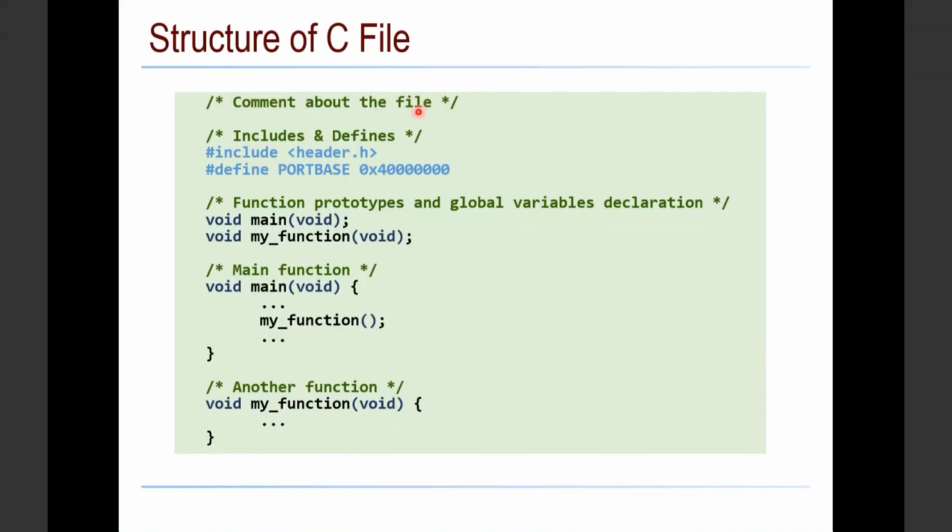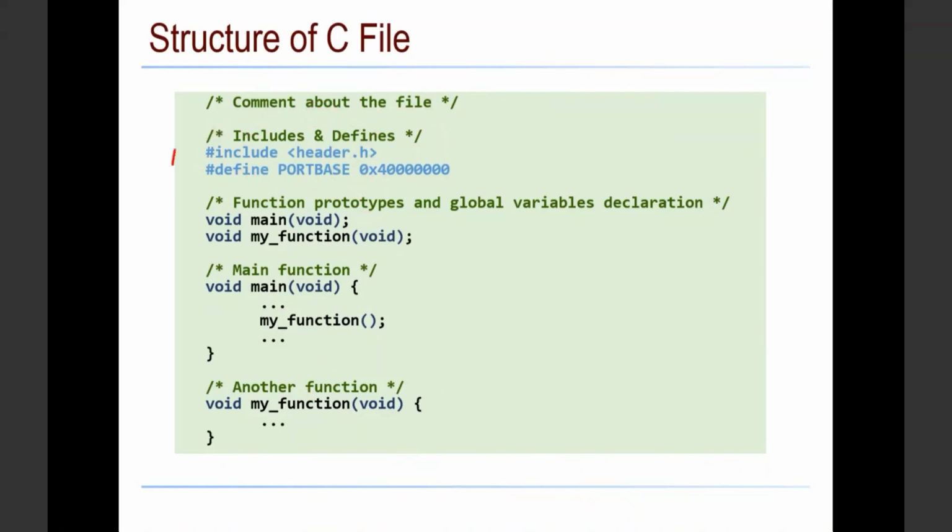Every time you write a program, make sure that you put a comment about what you're going to write, so that when other people read your program, they know that this program is going to do this thing and that program is going to do other things. This is the very basic stuff.